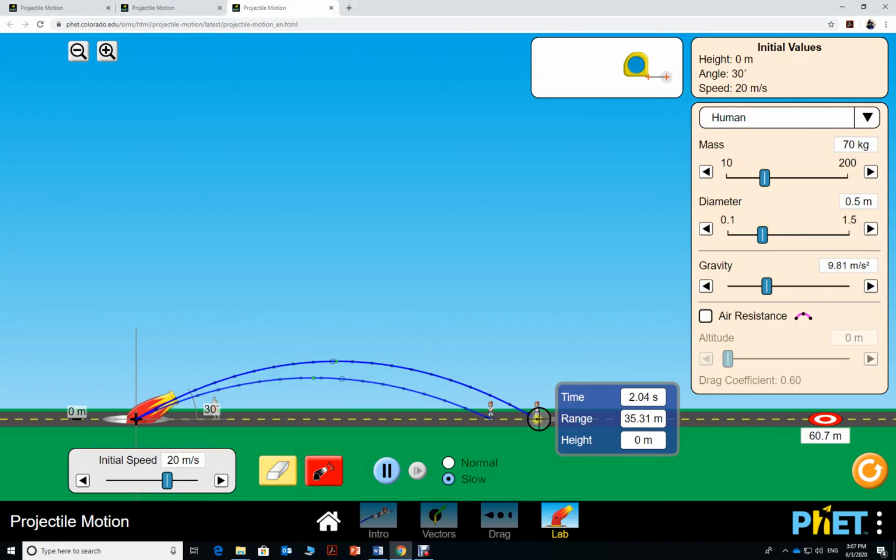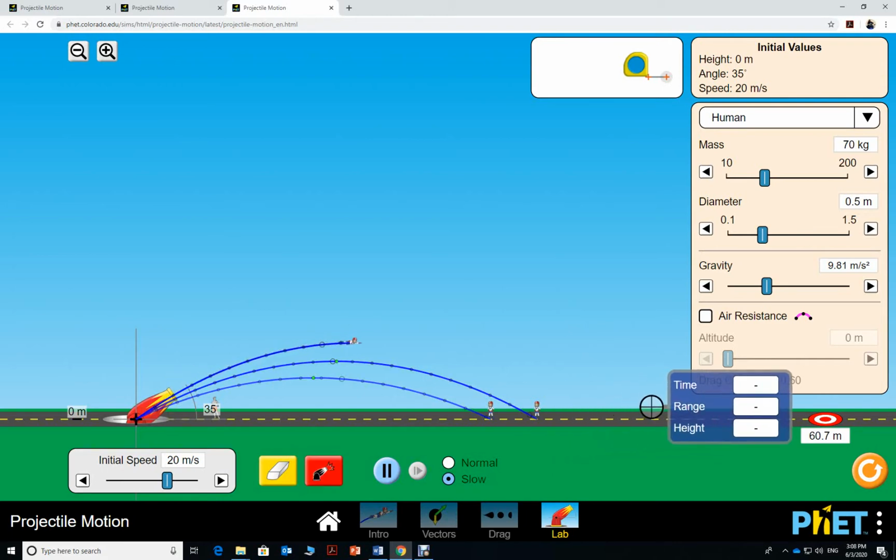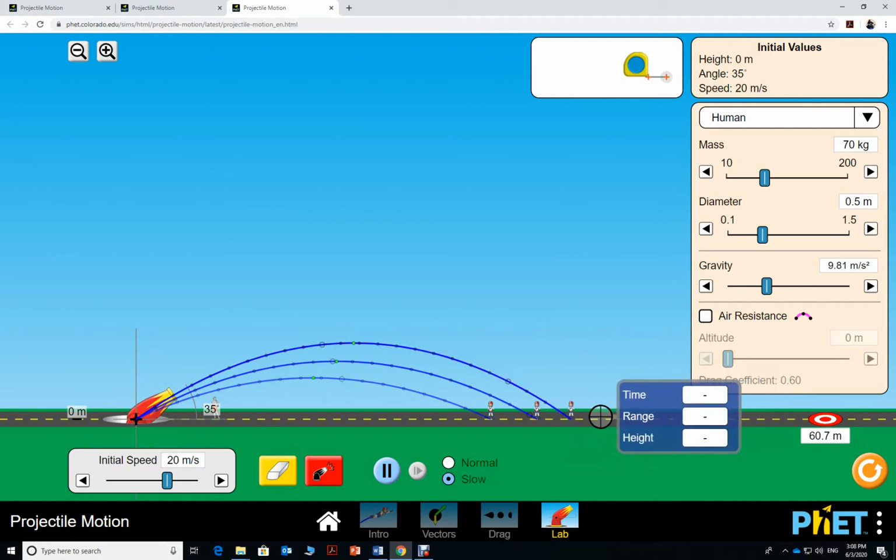And you will continue doing this as written in the lab report. Now 35. Throw the ball, measure the range. This is the range, 38.32, and continue. I will not do everything for you. Now the angle will be 40.